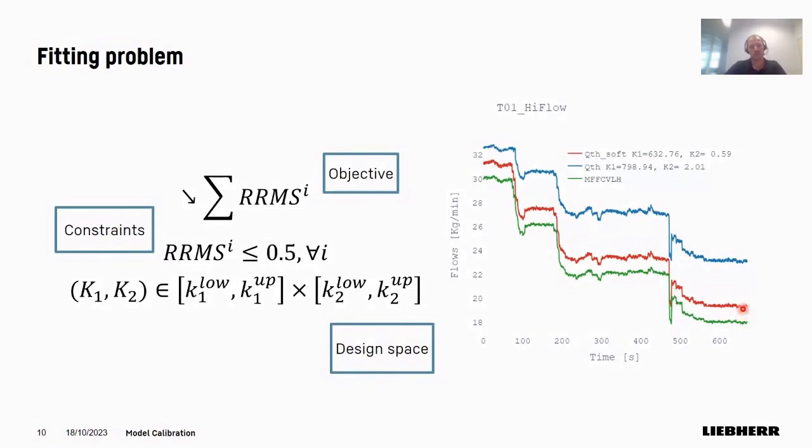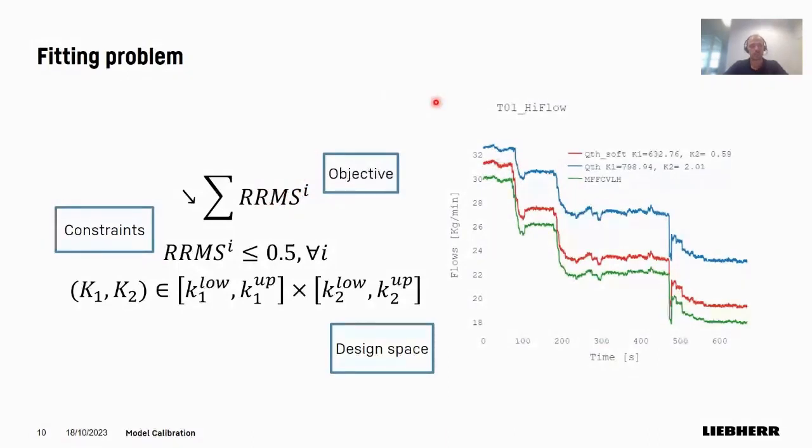current result of the model, and the blue one is the result of K1, K2, which are being tested. So in the end, what we are willing to do is to fit the blue line on the green line, and we transform that into a scalar metric, which we call relative root mean square, so RRMS, and we have one RRMS for each curve that we want to fit.